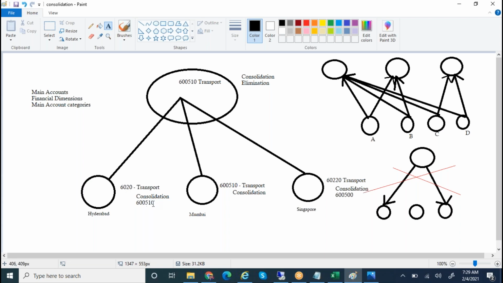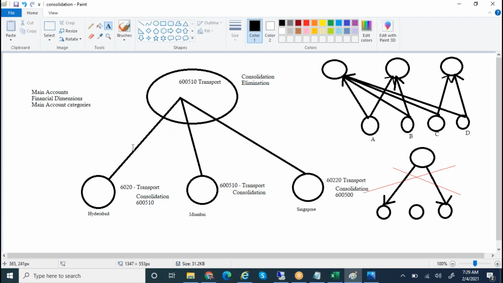Whenever it touches 600510, it can understand that this is transportation charges, and it will bring it here related to transaction 6020. It will combine here, and I can see all the transportation charges in the system.